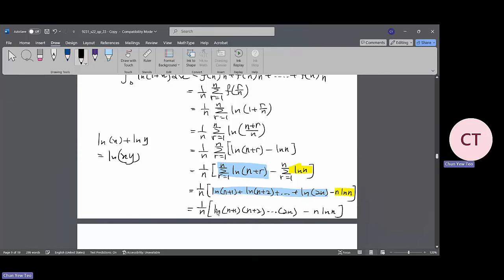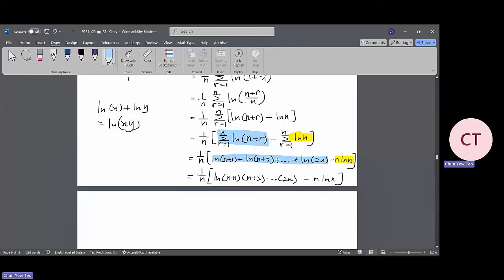But it's a bit troublesome to leave the answer like this, so we want to make it become a factorial. So (n + 1)(n + 2) multiplied until 2n. The trick is that we multiply by n factorial and divide by n factorial, then this will become (2n)! over n!.